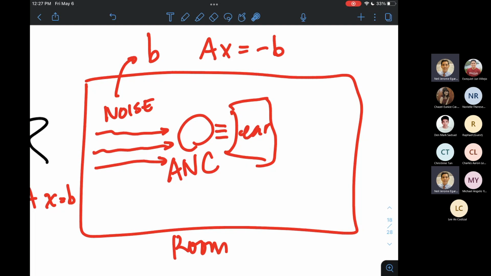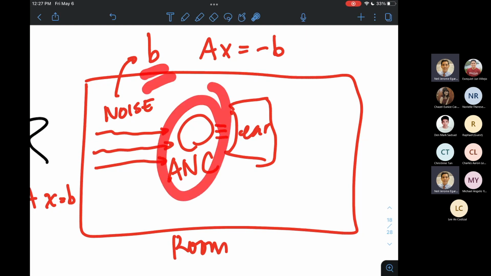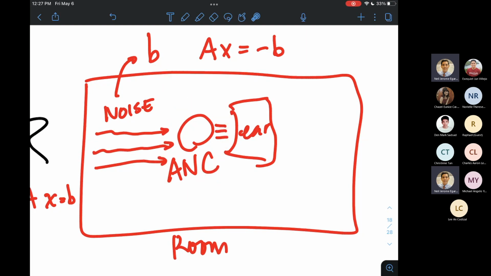Okay? Kaya lang dahil merong measuring component ito, so hindi posible na eksaktong B yung ma-detect ng active noise cancelling mechanism. So probably it will measure negative B plus epsilon.